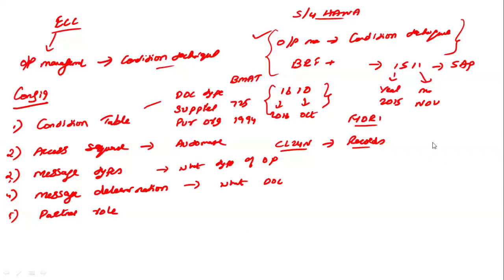So we said we have ordering address, goods supplier, invoicing party, head office. If these are the branches, to which branch do you want to send the output or the purchase order? This is decided based on the partner roles per message type.